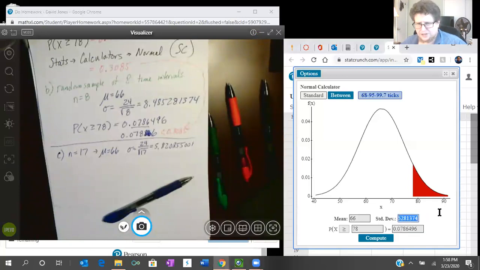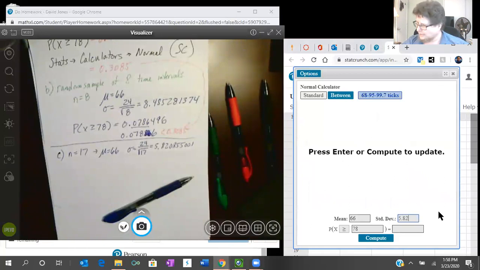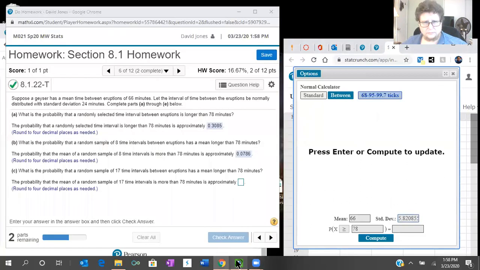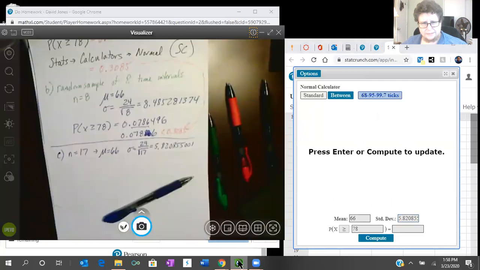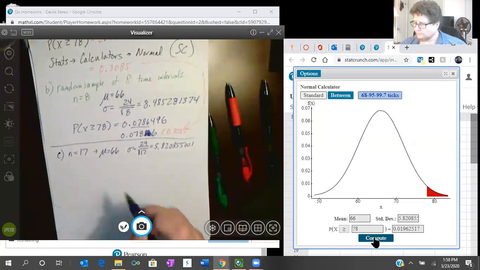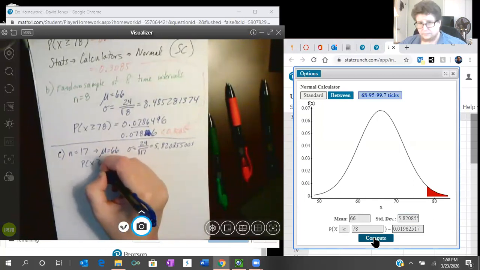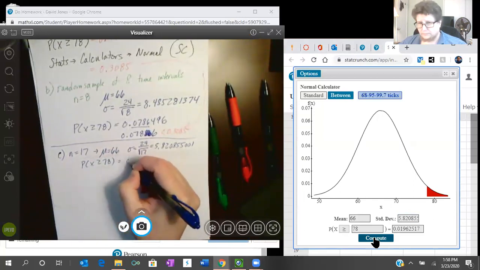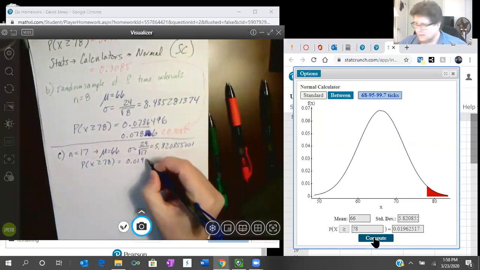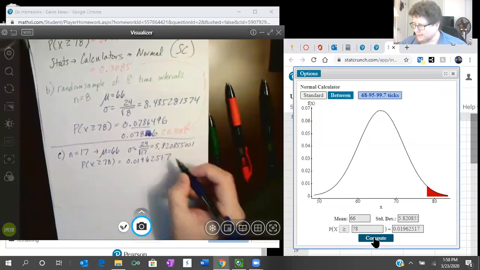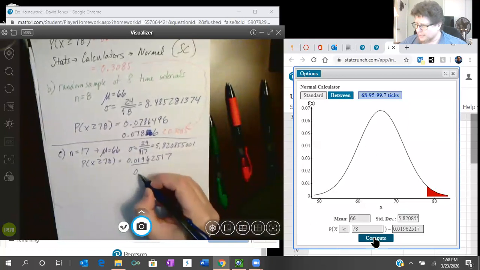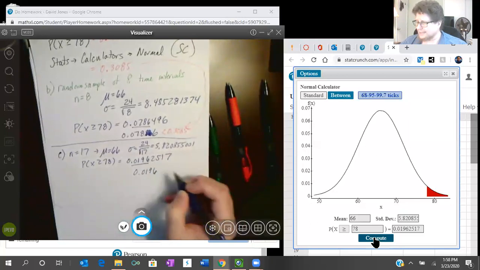Changes my standard deviation over here. I think they still wanted 78 minutes. I'll double check. More than 78 minutes, yep. 0.019625. 4 decimal places is 0.0196.